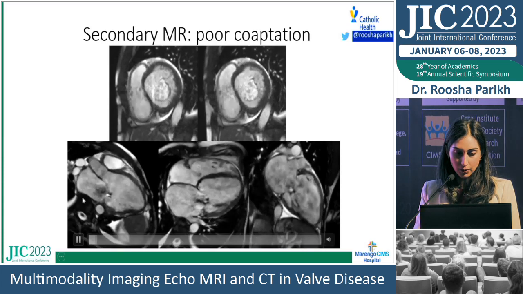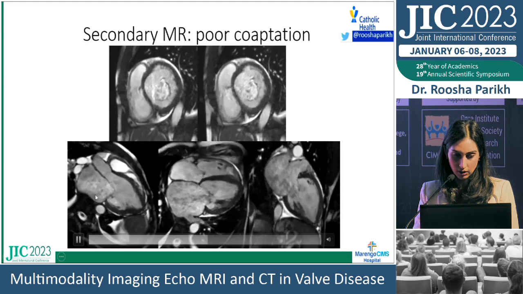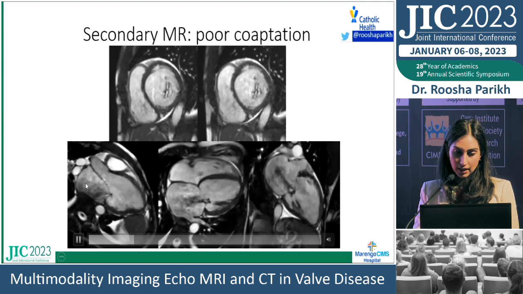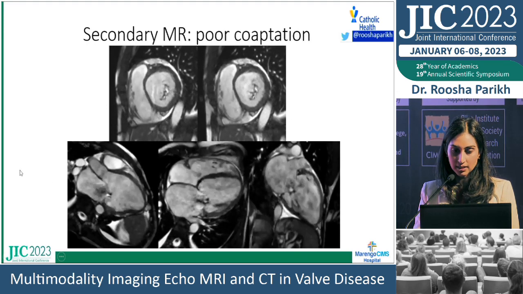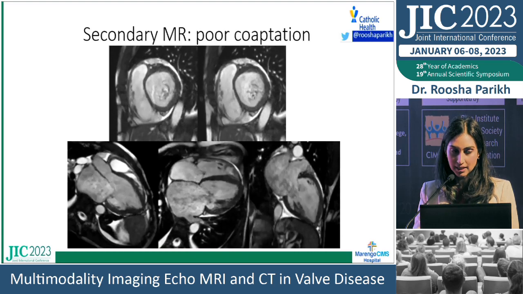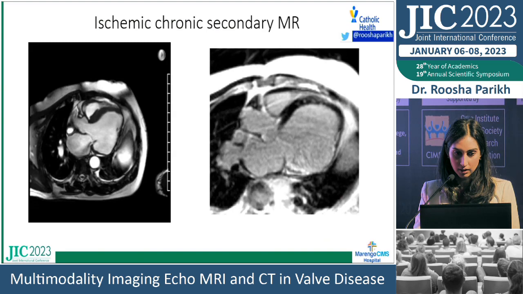You can see how the leaflets don't coapt, and you can see the regurgitant jet and how much area it covers in the atria. Again, these are non-contrast MRI images, and you can get a visual assessment, and then you can leave quantification to the experts.